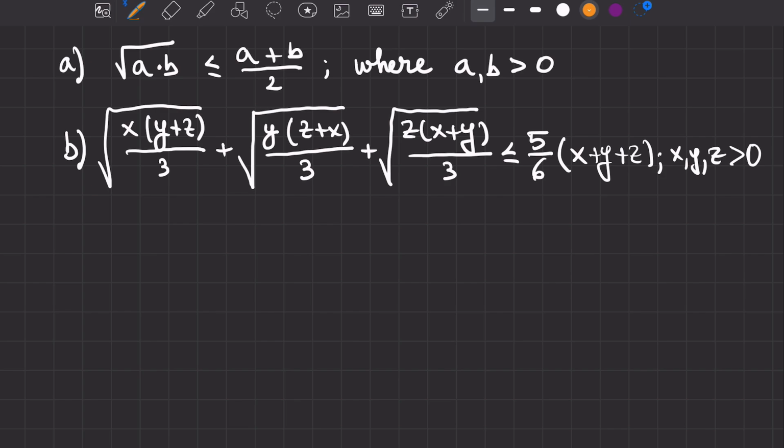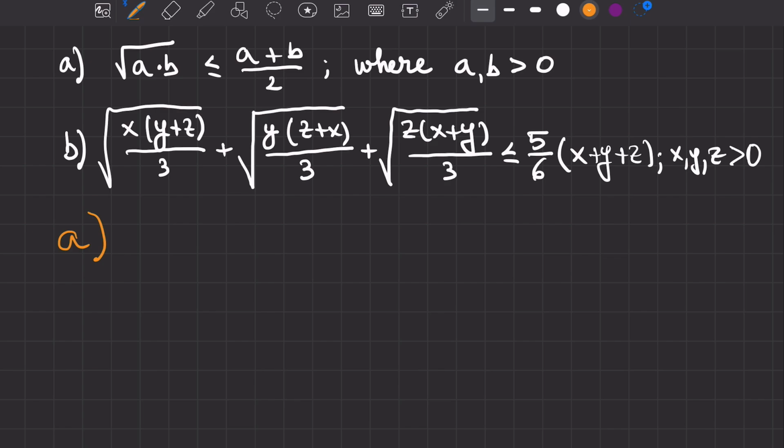Point A, this is actually the inequality of arithmetic and geometric mean. So let's do this. There are multiple ways of solving it. Let's go in this direction.